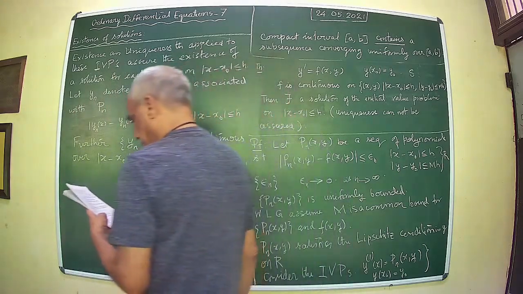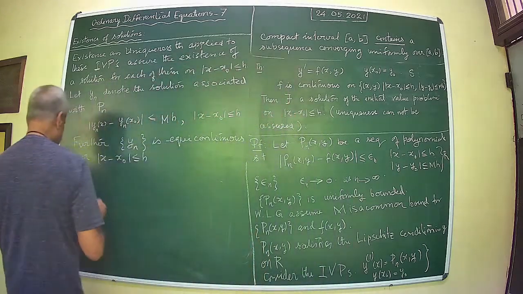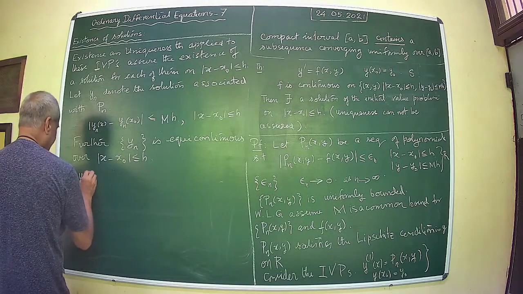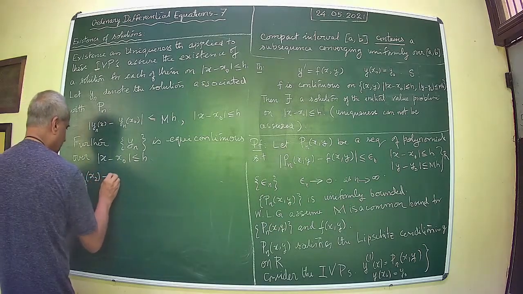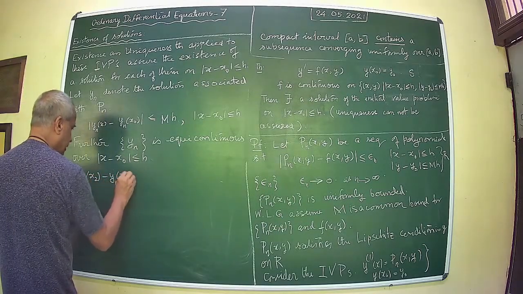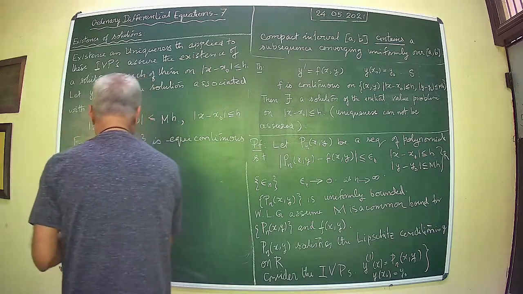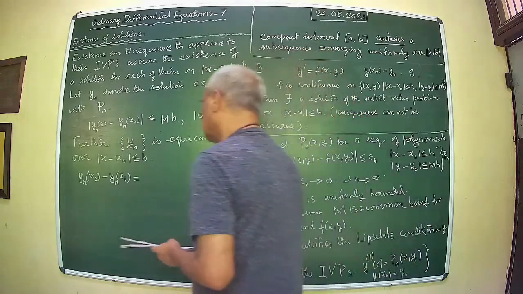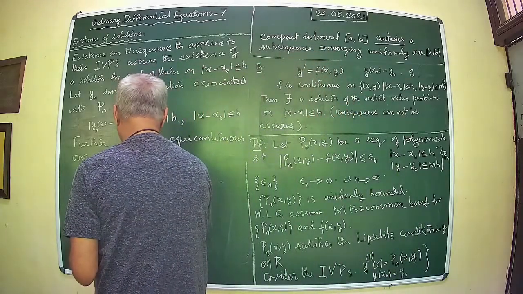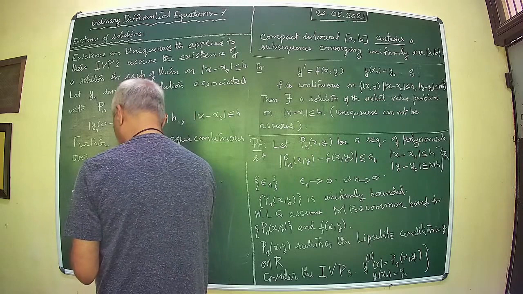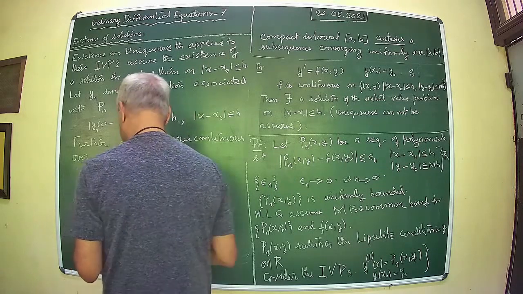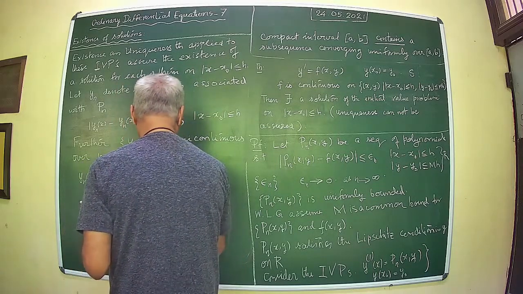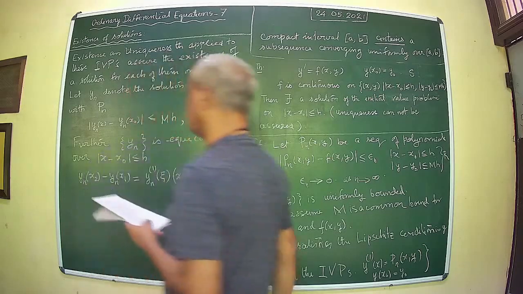How do we get that? You see that yn x2 minus yn x1 is equal to, we use the mean value theorem, and what you get is the derivative of yn at some intermediate point psi times x2 minus x1.